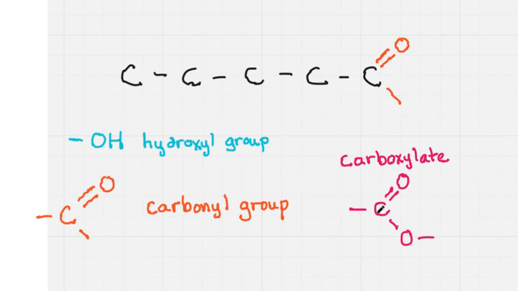So a carbonyl group is just the oxygen, carboxylate is 2 oxygens, and the last one, the one that we really need for this unit, is if you have a carboxylate and you attach a hydrogen to it. So if you have C, double bonded O, single bonded O, and then an H, now you have almost the same name, a carboxyl group.